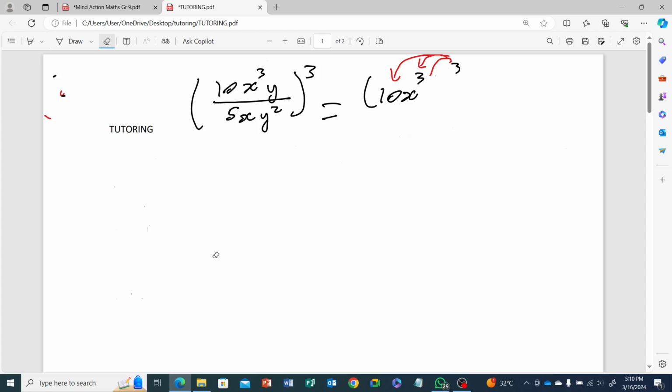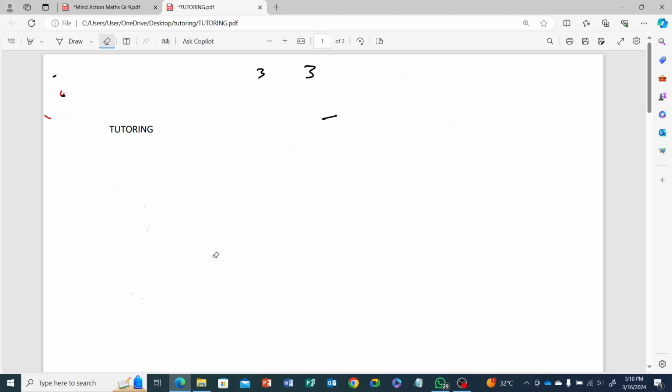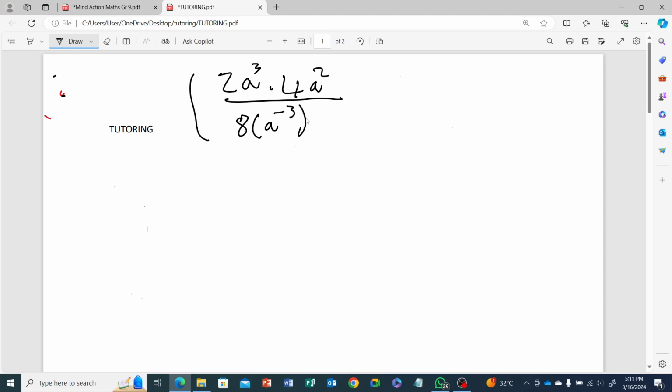Now let's go to the question. Now in the question we have 2a raised to the third multiplied by 4a squared all over 8 into a minus 3 squared, and everything squared.